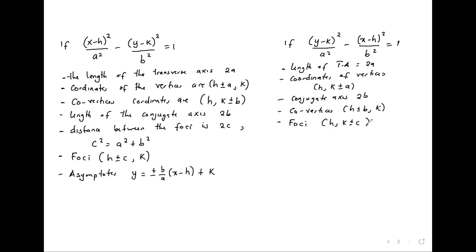And then the asymptotes are y is equal to plus or minus a over b (x minus h) plus k.